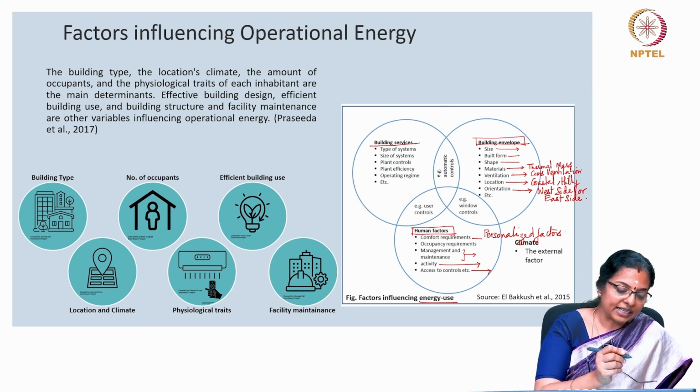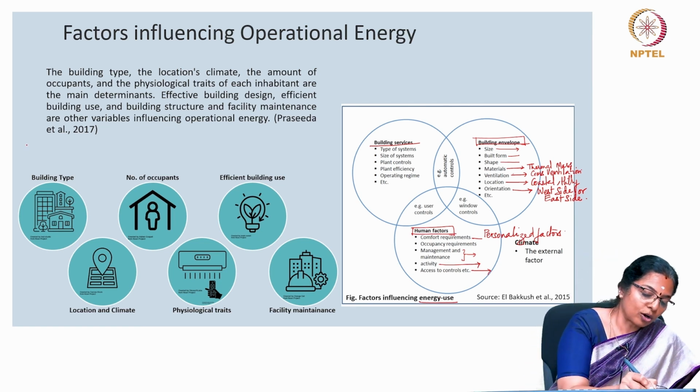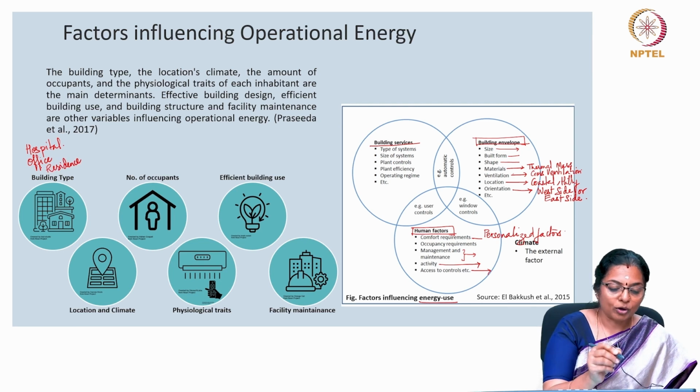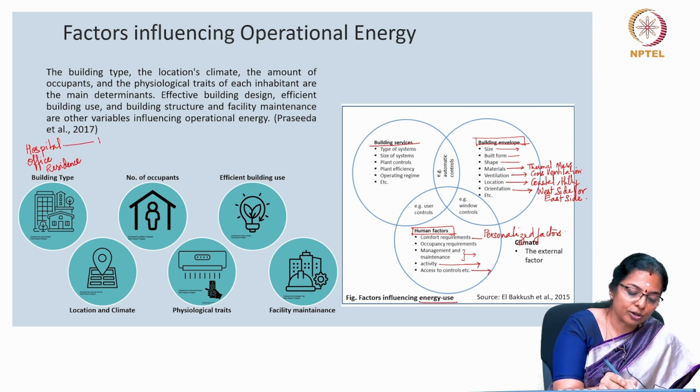So, the building type matters, whether it is a hospital. I am just quoting a few examples. We'll just take 3 examples: hospital, office and residence. Number of occupants in a hospital, it's going to be a floating population. In an office, you will have a determined number almost. In a residence also, you will have a determined number.